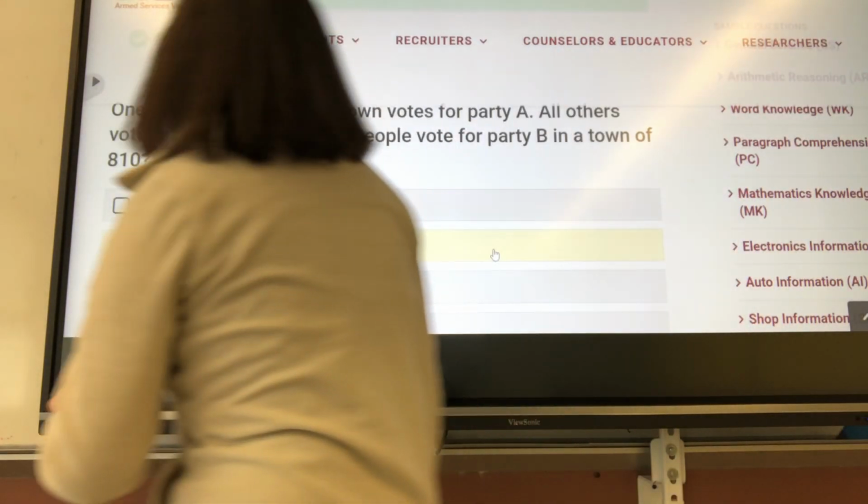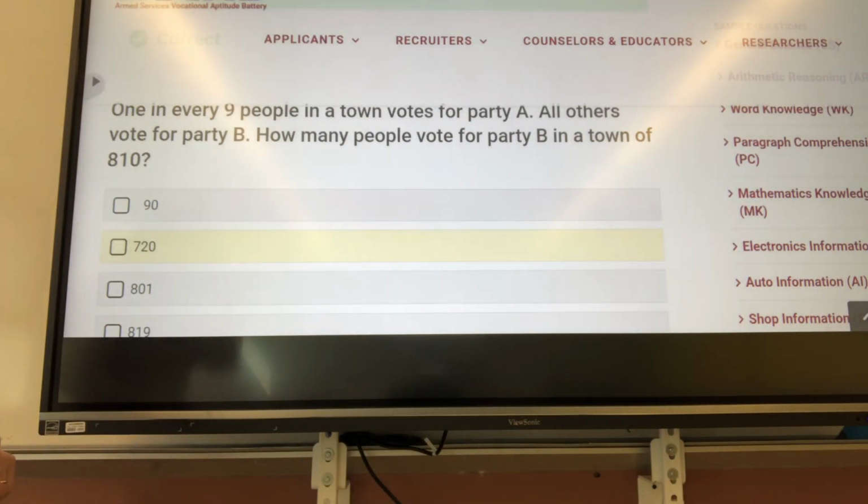Second question we have here, 1 in every 9 people in a town votes for Party A. All others vote for Party B. How many people vote for Party B in a town of 810 people?